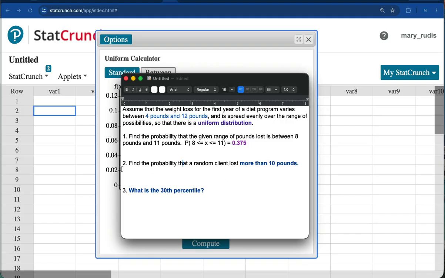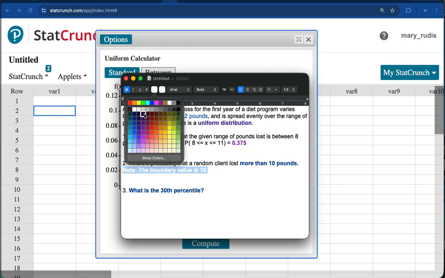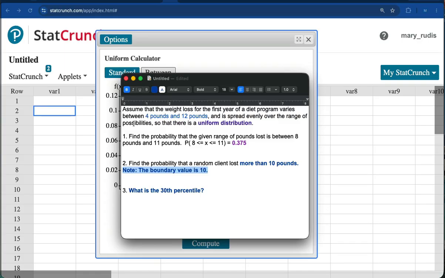There are a couple of things that we need to note about this situation, because it's really important that you understand that the 10 is the boundary value. It's not 11, because we're not dealing with a discrete distribution anymore.